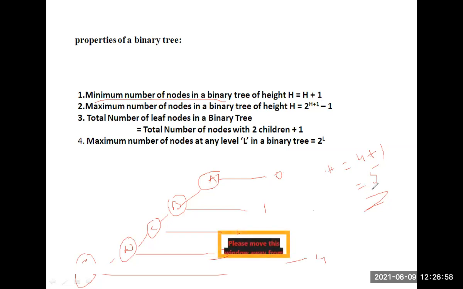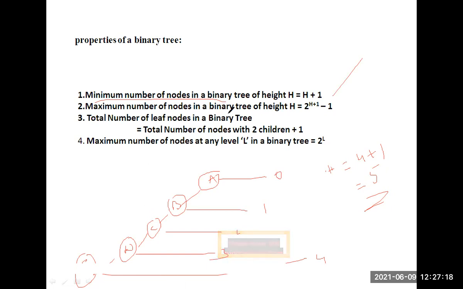A minimum of 5 nodes. To understand the first point: if you construct a binary tree of height h, the minimum number of nodes required is 4 plus 1, that is 5 nodes. First point clear, students? Then we move to the second one.